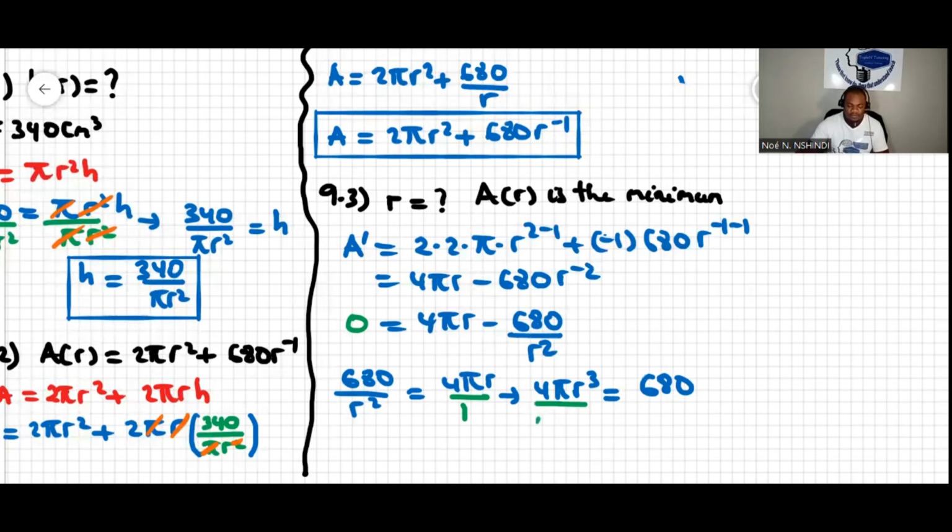That means this will be simplified, and I'm left with r cubed equal to 680 divided by 4, which is equal to 170. So that makes r cubed equal to 170 over pi. To find r, we can just find the cube root of 170 over pi.